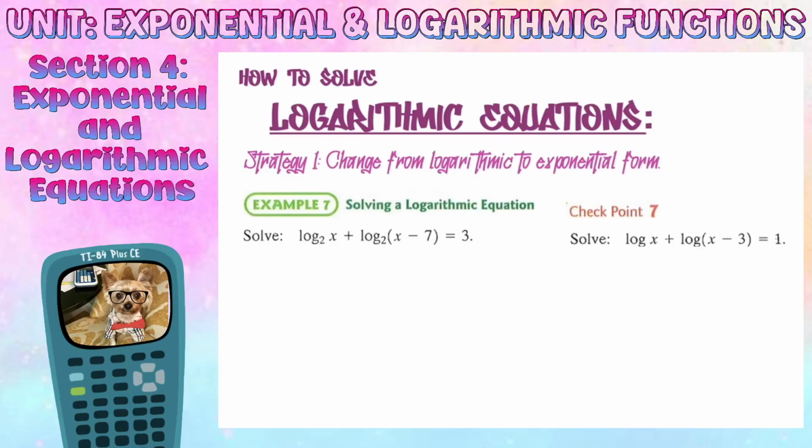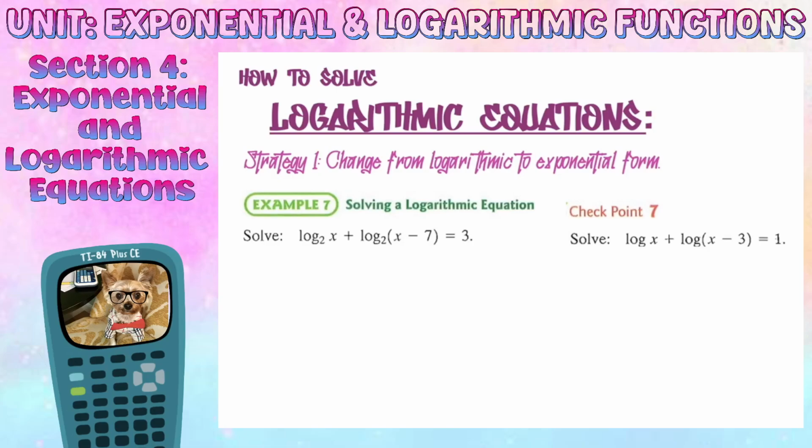Hey everybody, in this video we are continuing where we left off with the example 6 video and advancing a little bit. We are solving some logarithmic equations, and we're going to do so by changing our equation from logarithmic form to exponential form.